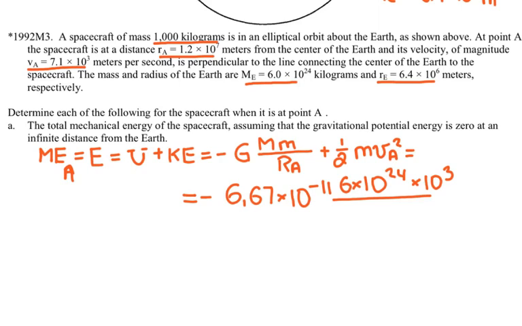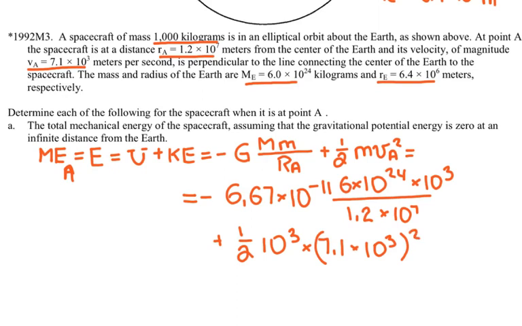Divided by the radius or the distance to the satellite, which is 1.2, 10 to the 7, and plus 1/2 the mass of the satellite, again 10 to the 3rd, and the velocity of the satellite at point A is equal to 7.1, 10 to the 3rd, and all of it squared.